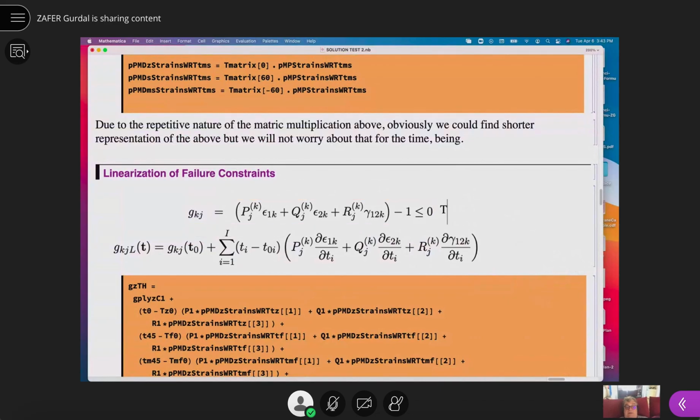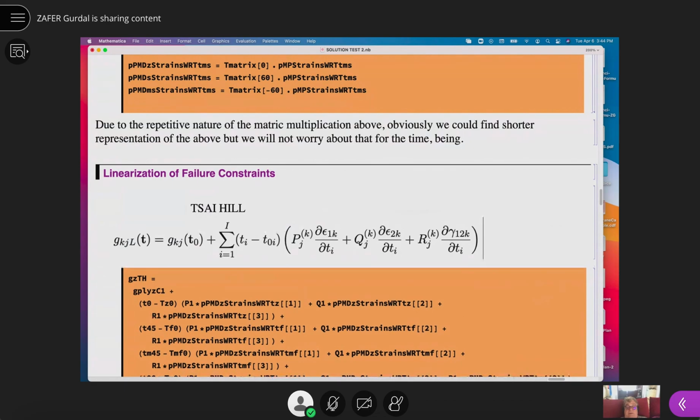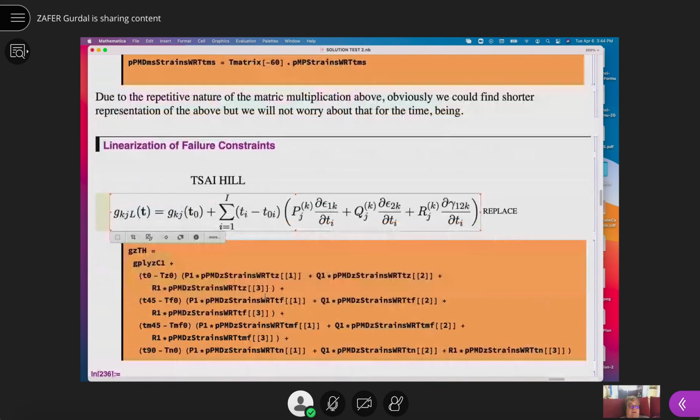This needs Psi-Hill. And this has to be also replaced. This is the part that you're going to be somewhat busy with.